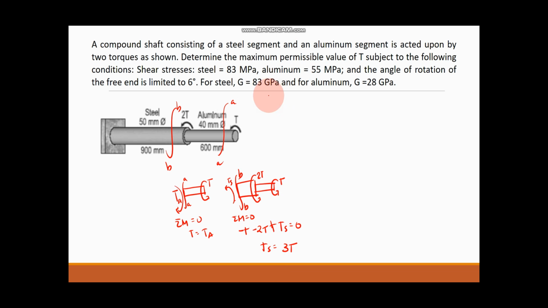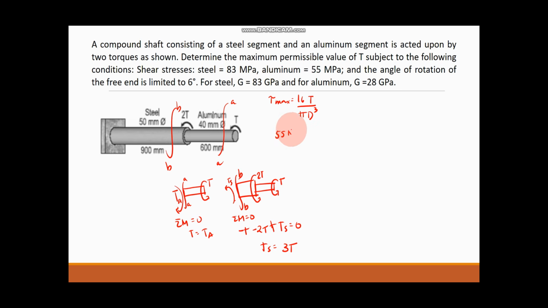And we have our formula for maximum shearing stress, which is equal to 16 multiplied by the torque divided by pi d raised to 3. So, unahin natin yung aluminum. So, the shear stress for aluminum is 55 megapascal.